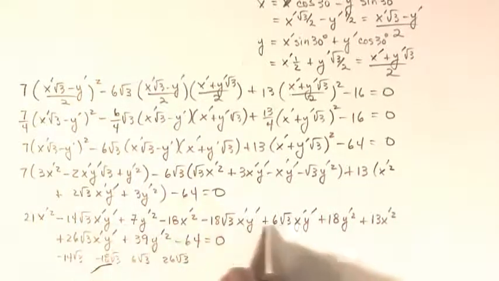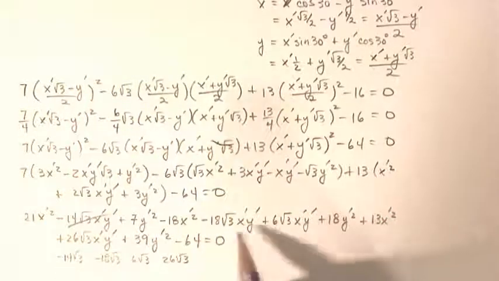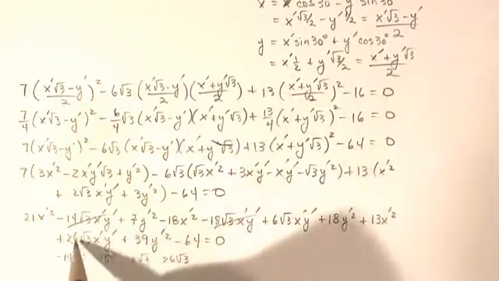Those all have x primed y primed in them. Now this is negative 32 and this is positive 32. So these are going to all cancel out.